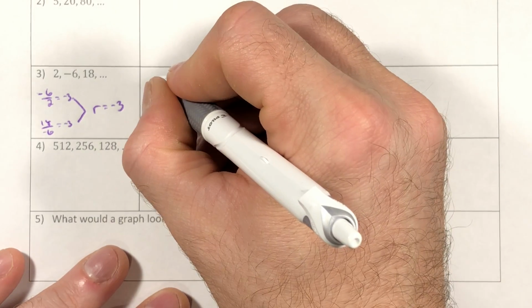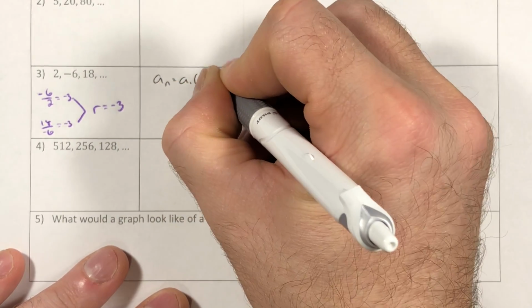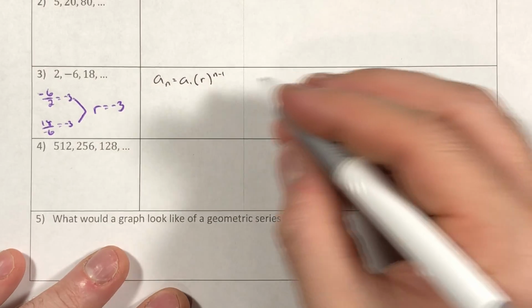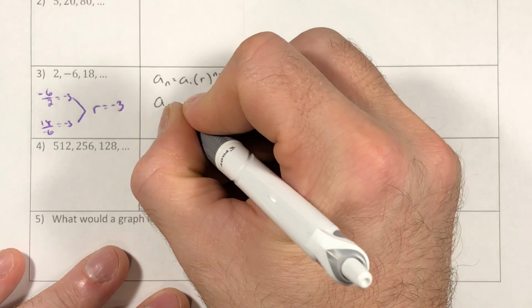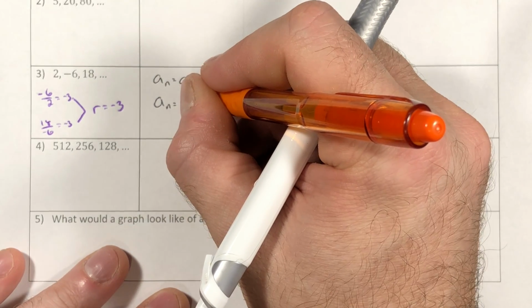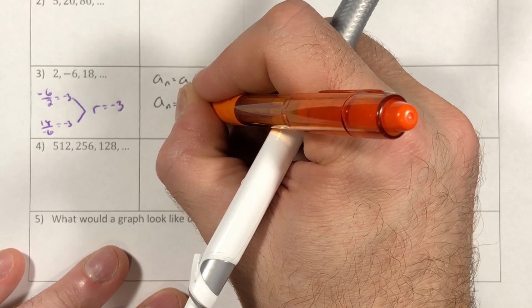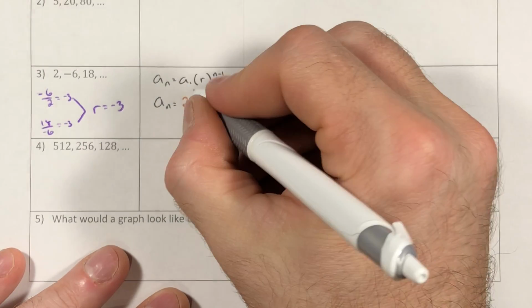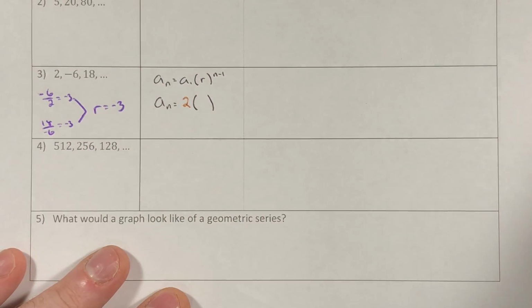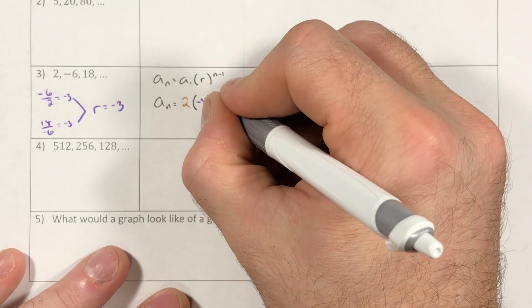So if we were to write out our formula, a sub n equals a1 times r to the n minus 1. a sub n equals my first number, which in this case is 2. I'm multiplying this times -3 to the some number minus 1 times.